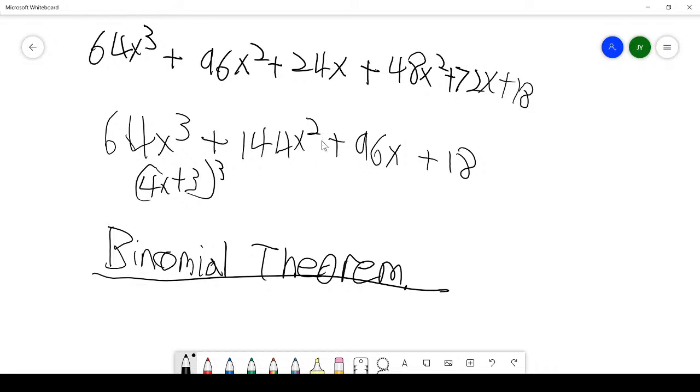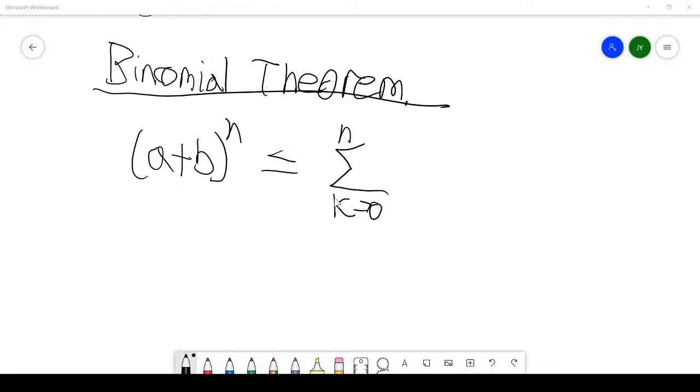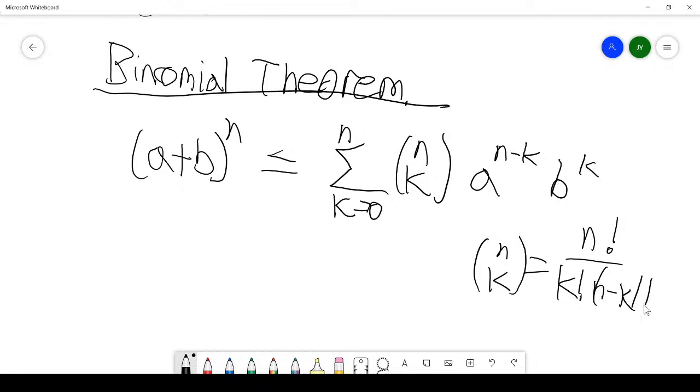To show you what it generally looks like, the equation is a plus b to the nth power equals the series from k equals 0 to n of n choose k times a to the n minus k times b to the k, with n choose k equaling n factorial over k factorial times n minus k factorial.